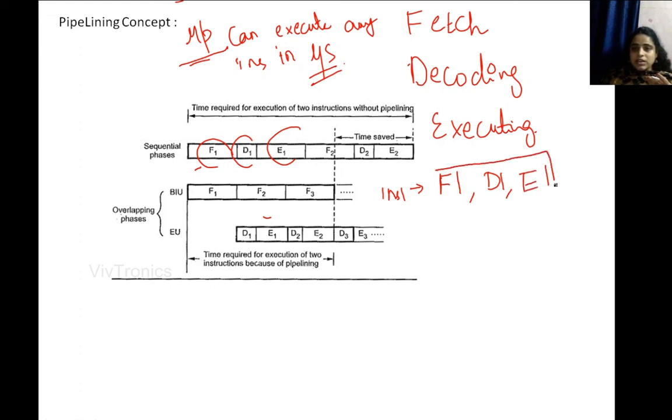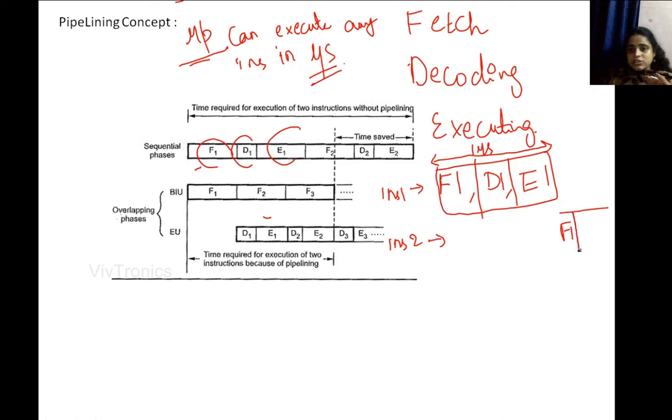These three are the basic steps, and the time taken for these steps will be, let us say, 1 microsecond.